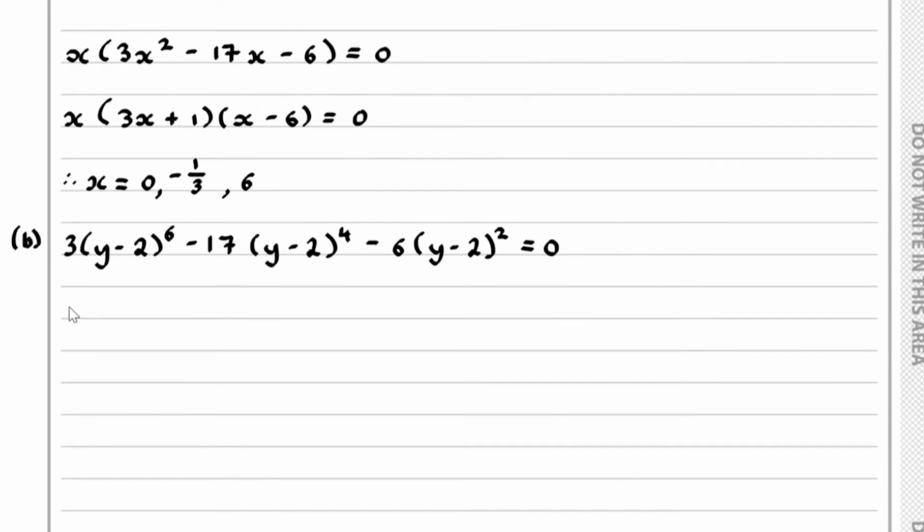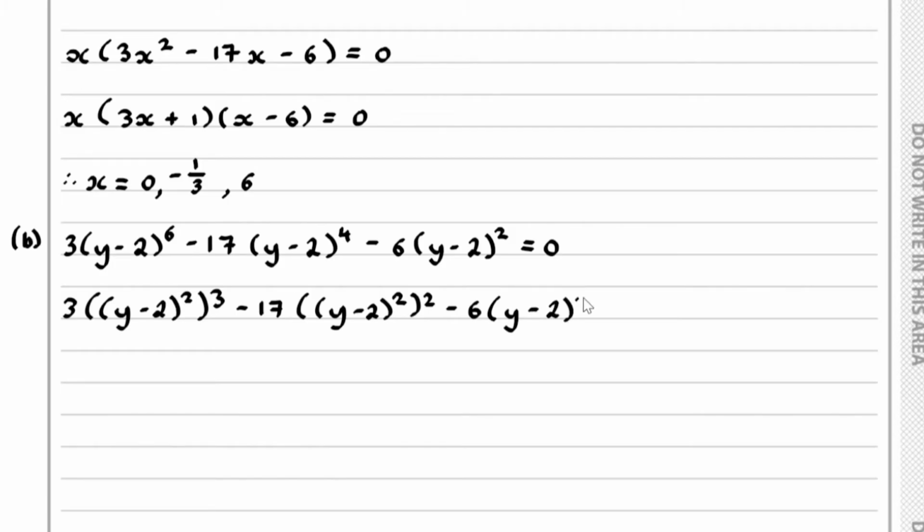And if we use the laws of indices, you can see we've got 3 lots of y minus 2 squared to the power of 3 minus 17 lots of y minus 2 squared minus 6 lots of y minus 2 squared, and this is all equal to 0.